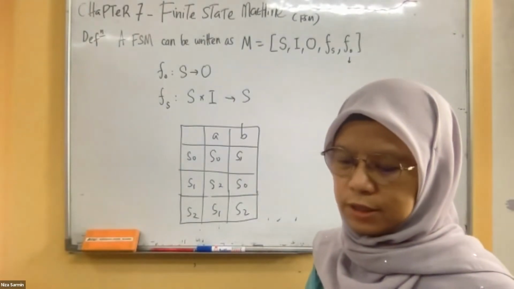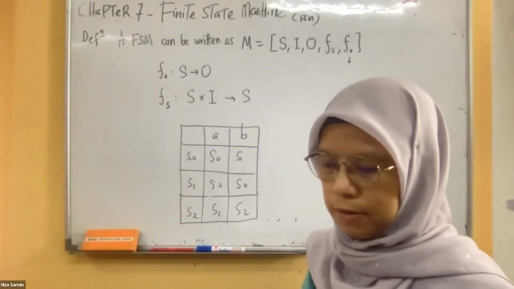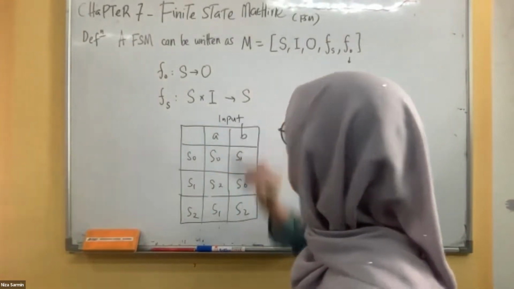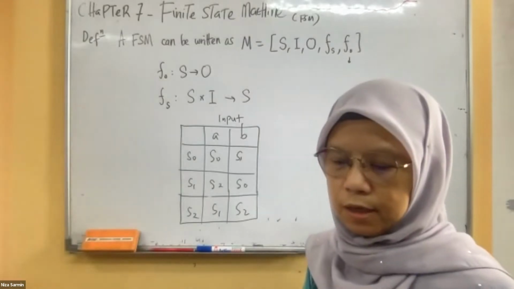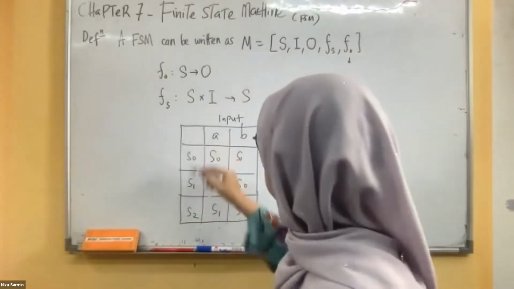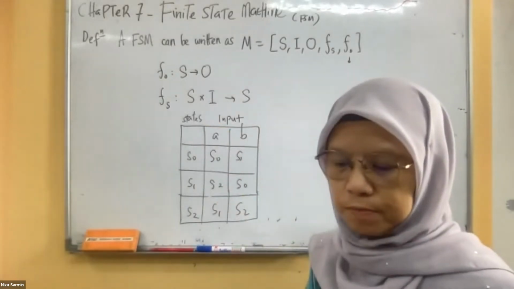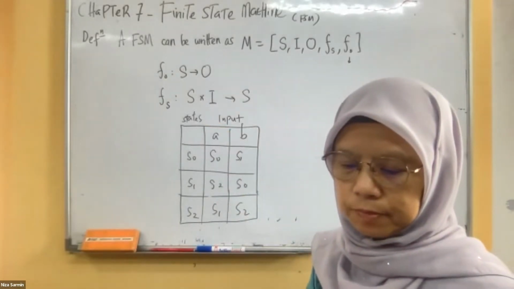This is called the state transition table. Now, this A, B are the inputs, and these are the states.